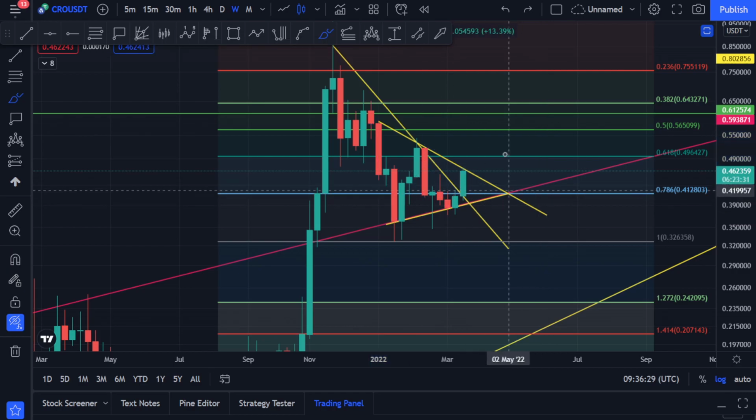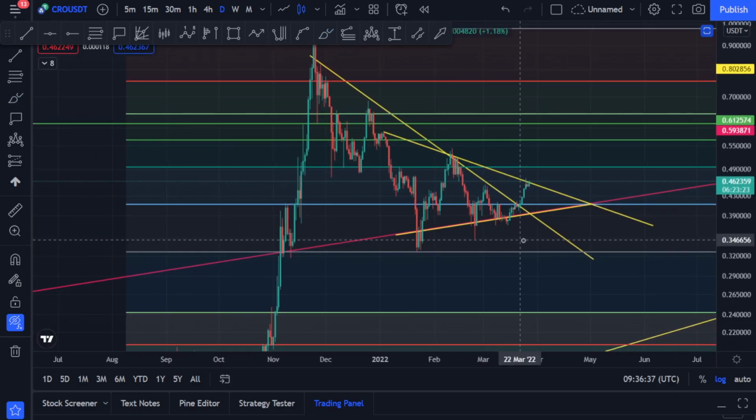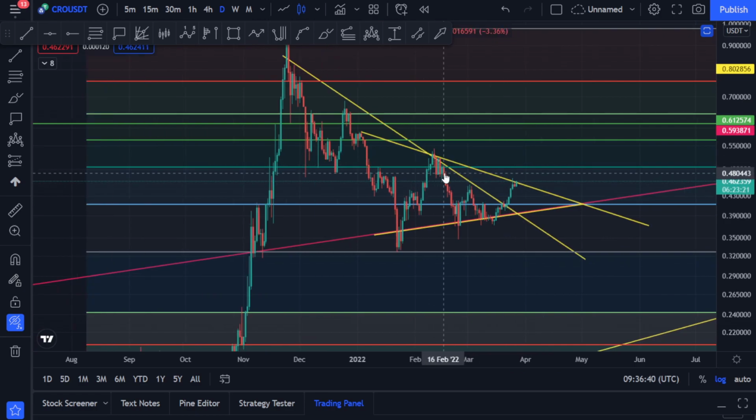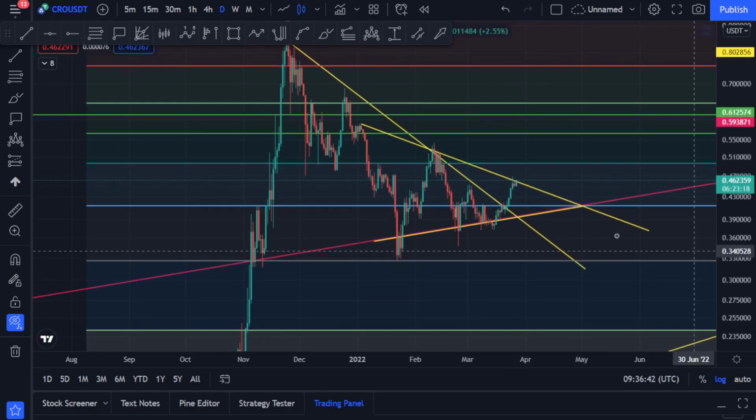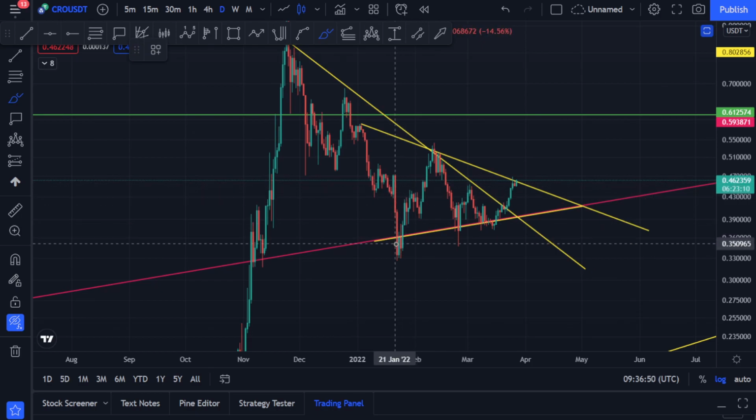Now when there is momentum towards the downside, symmetrical triangles are considered bearish patterns. You can clearly see the symmetrical triangle being formed, but within the symmetrical triangle, if you just take this off right now, CROCOIN was creating this, let me show you.